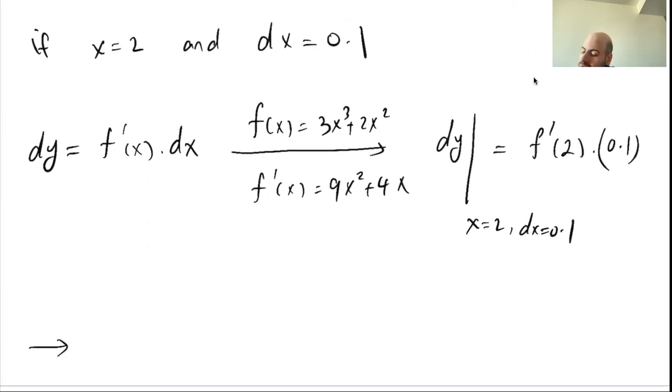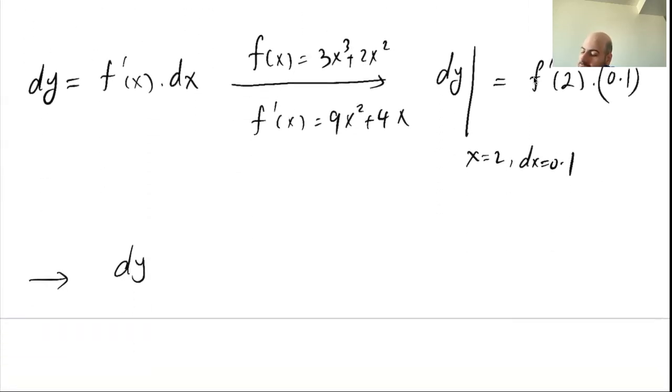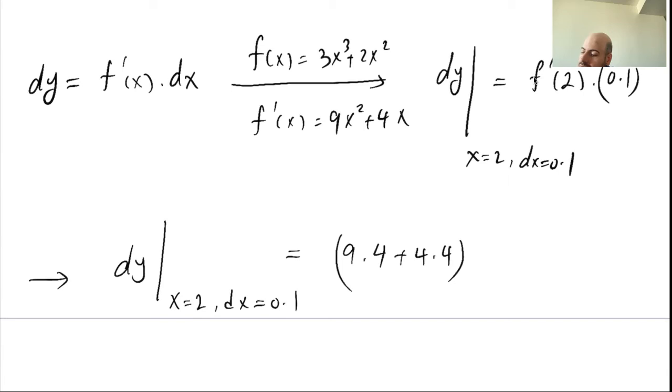So dy at x equals 2 and dx equals 0.1 will be equal to 9 times 4 plus 4 times 4, times dx, which is times 0.1.